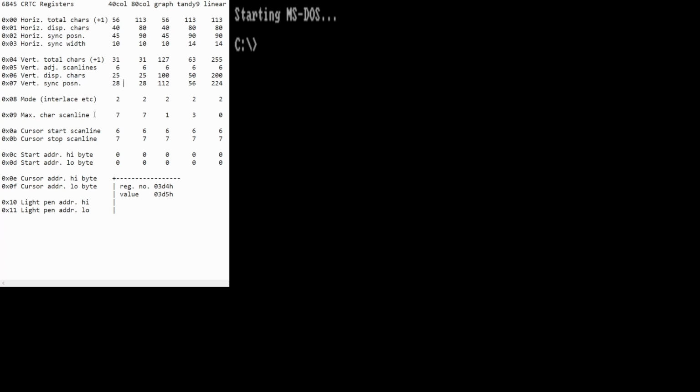But this is going to cause a little bit of a problem for us in the graphics modes, because it means that the CRTC addresses have got to be repeated 8 times, basically for each scan line in the character row. And so that's not what we want in a graphics mode. We're not outputting the same thing on each scan line of a character in a graphics mode.